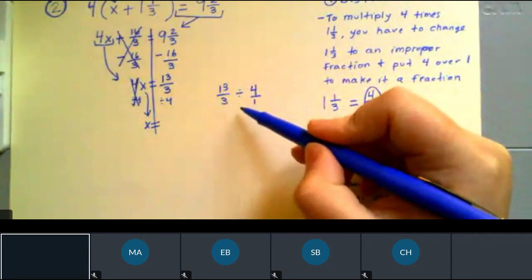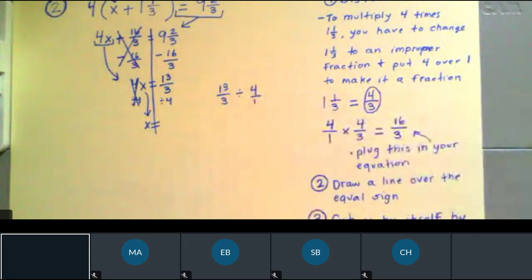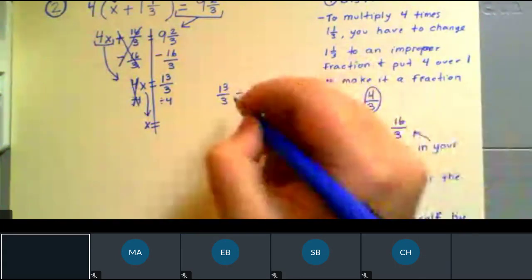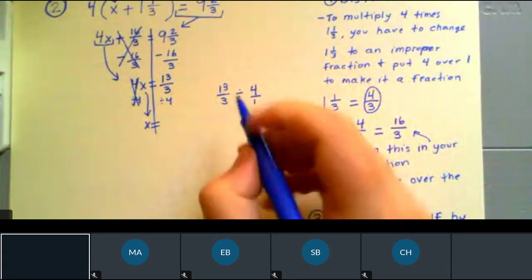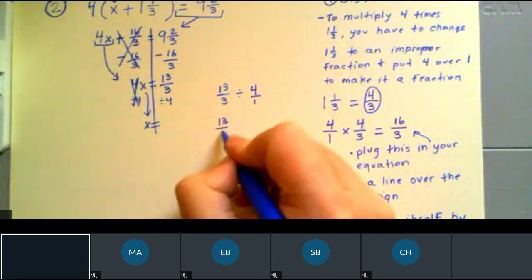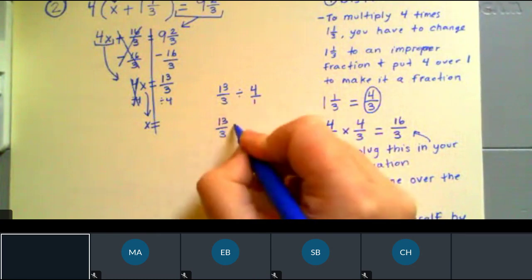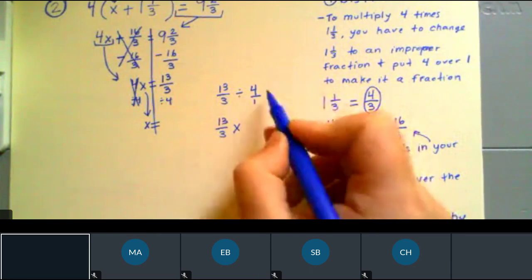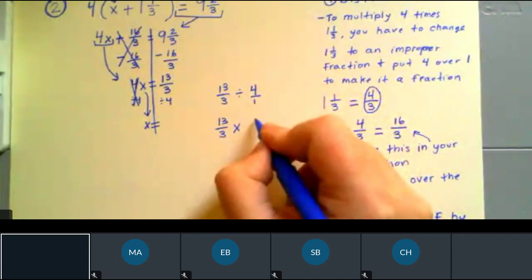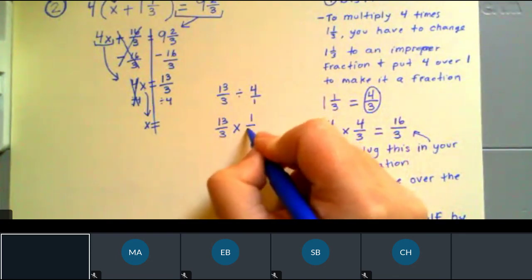What rule can we use when we have fractions being divided to change it to a multiplication problem? Good, yes, keep, change, flip. So keep 13/3, change the division sign to multiplication, and then flip 4 over 1, and that becomes 1 over 4.